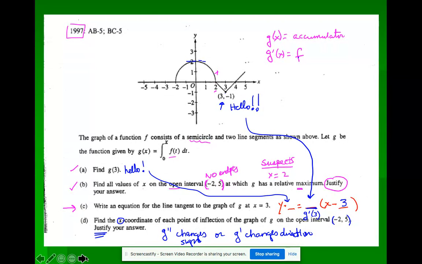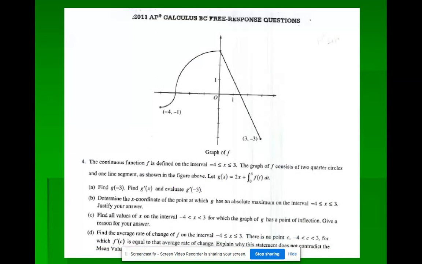This one is a little bit more recent, and there was a twist to this problem that we hadn't seen before this year. Look at my accumulation function. My accumulation function is still called g.